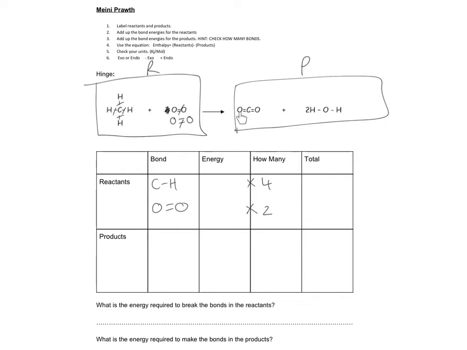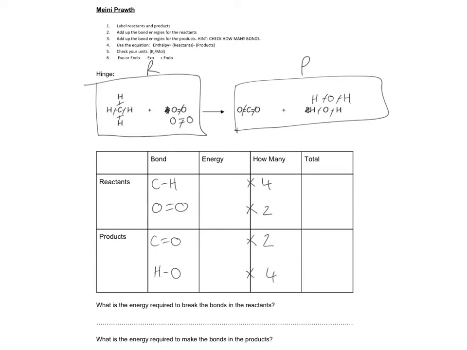So I've got the CO bond there and a CO bond there. So I put CO times by 2, okay? Same thing here, it'd be easier just to write it out. So we've got HO, and we've got 4 of them.